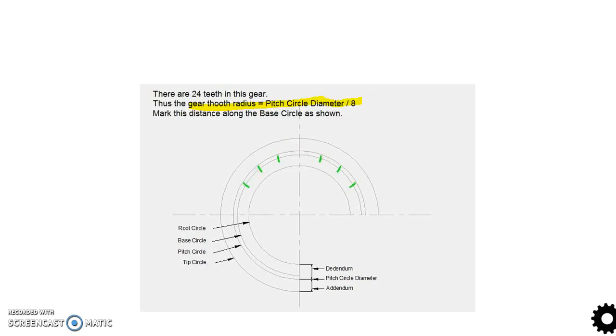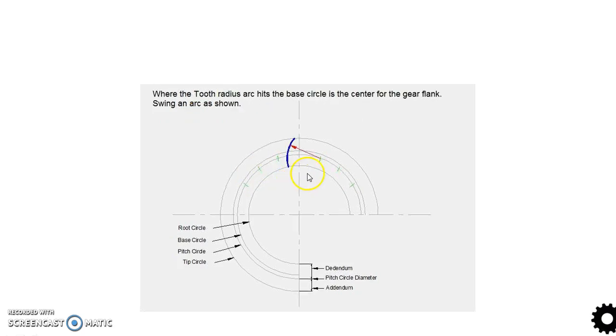No, first you mark these points on the base circle on either side of the pitch point, 3 on this side, 3 on this side, and then using this point as center, from this point draw an arc of circle which is extending from addendum circle right up to dedendum circle.